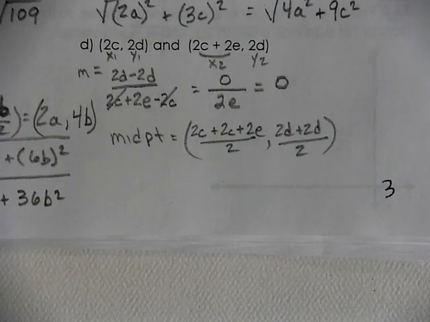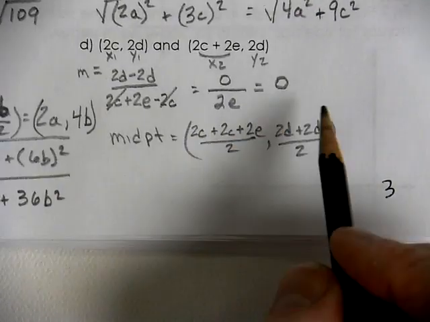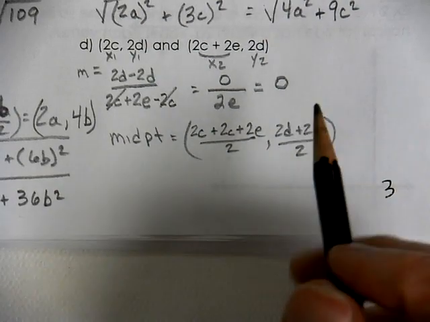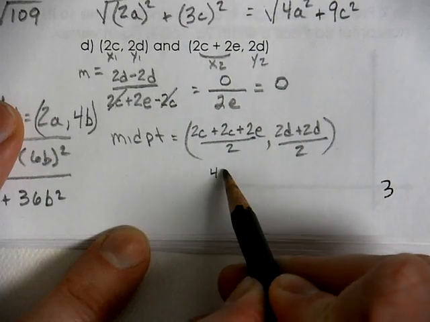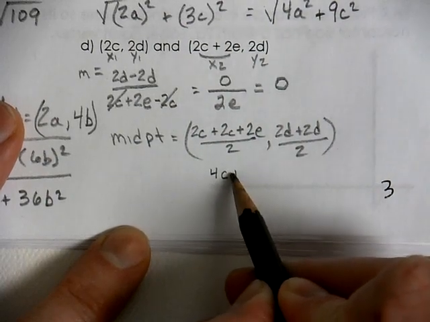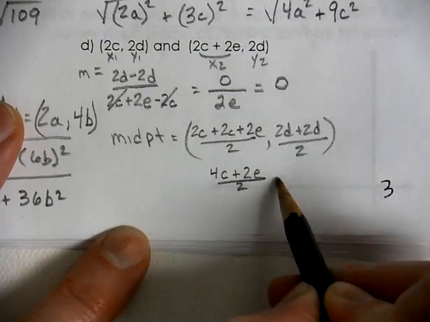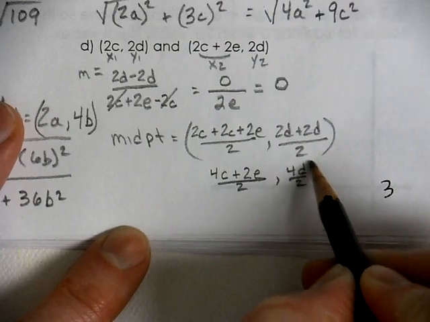So I used the animal example, 2 cats plus 2 cats, to show you that it's just as simple as saying 2C plus 2C is 4C plus 2E, and 4D over 2.